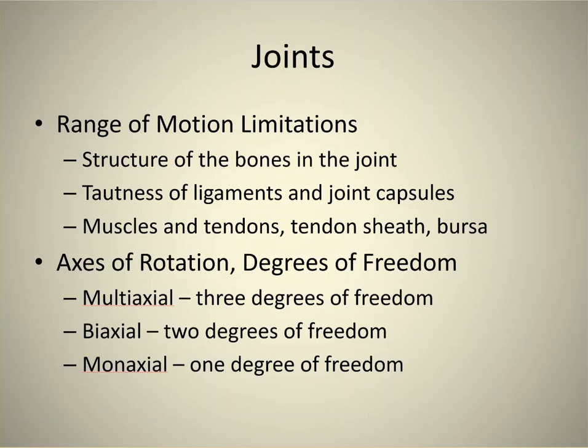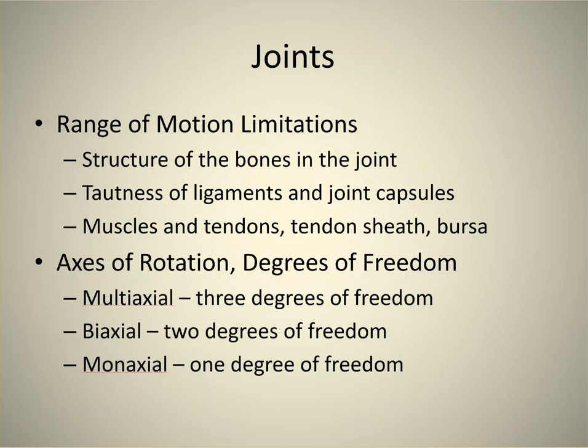Okay, in synovial joints, the range of motion is sometimes limited by certain things. Sometimes it's the structure of the bones in the joint. Sometimes it's the tautness of ligaments and joint capsules, and also the number of muscles and tendons and tendon sheaths and bursa around it can limit the range of motion. And we have axes of rotation, degrees of freedom, which means how many different directions can this joint move.